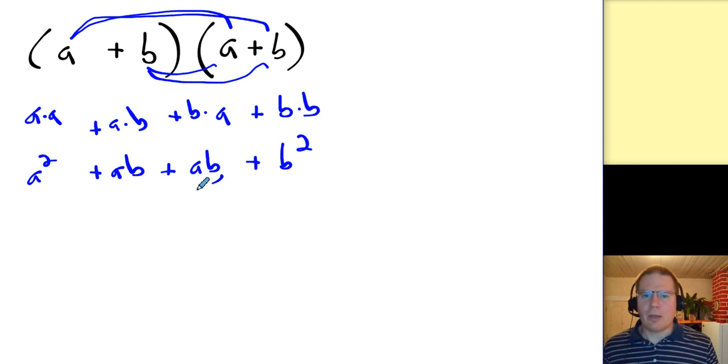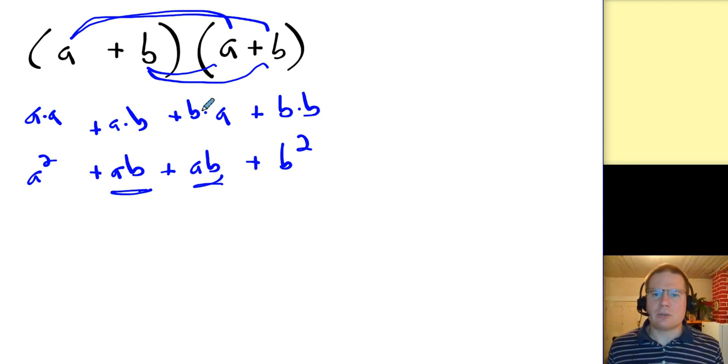Whatever your a and b are, you're going to have a times b and its commutative property reversal, b times a. It's the same thing. If you add a number to itself, whatever that quantity is, you have 2 of them. And the b squared is there, and the a squared is there.